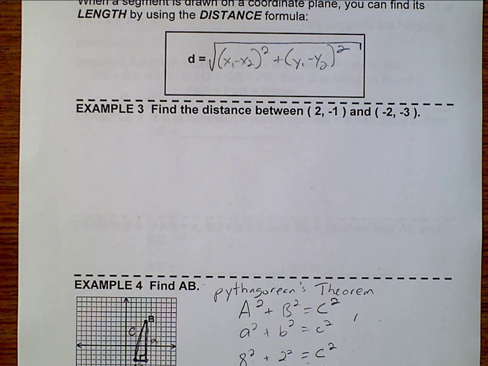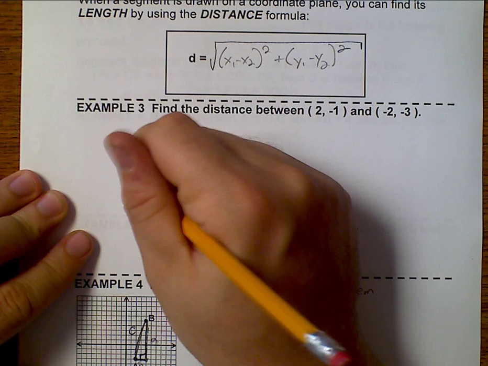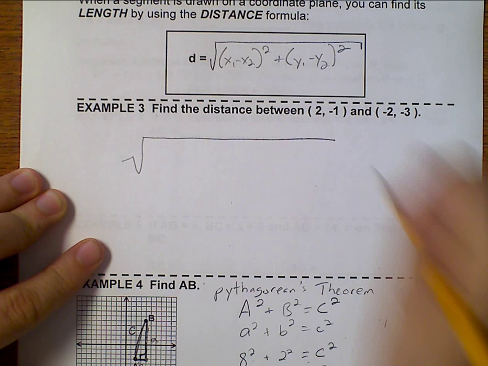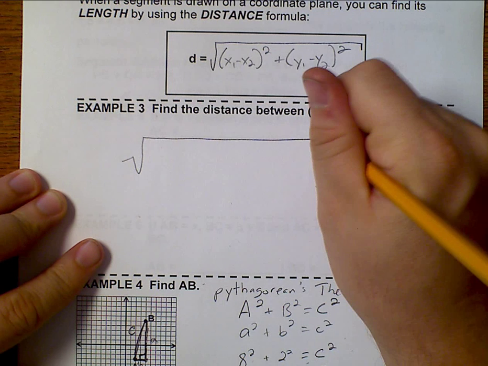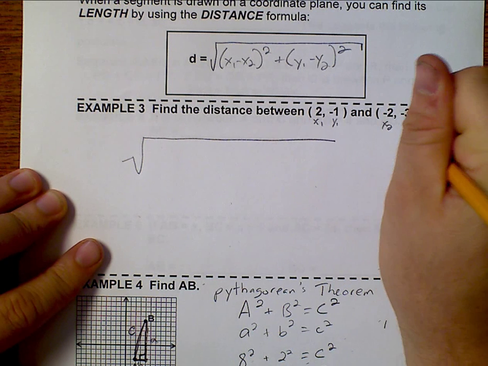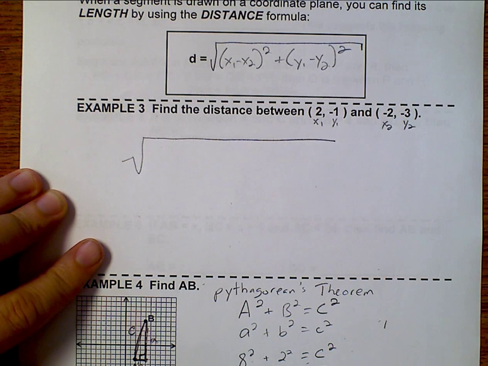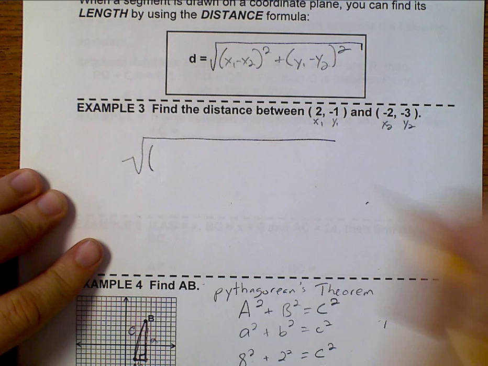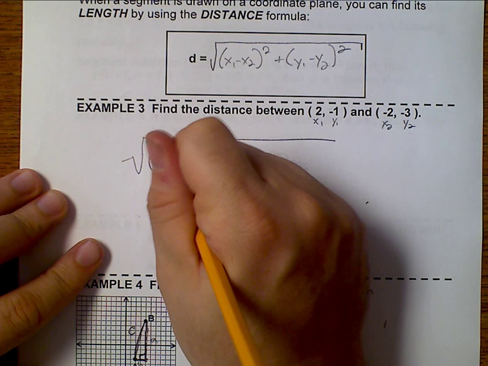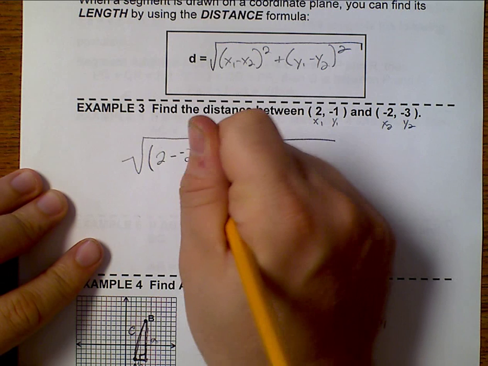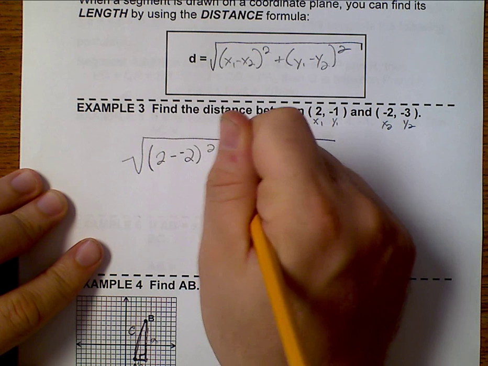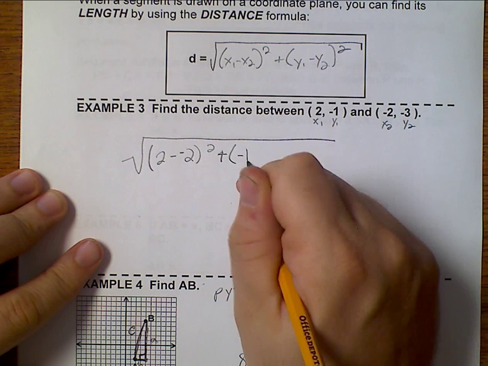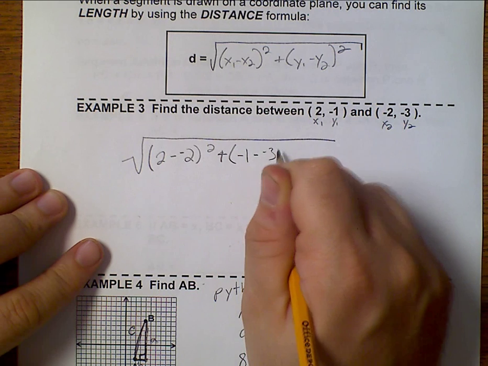And now we're going to use this to solve example number 3. And so I'm just going to go ahead and rewrite this. We're going to call this x1, y1, x2, y2. And so now I do 2 minus negative 2 squared plus negative 1 minus negative 3 squared.